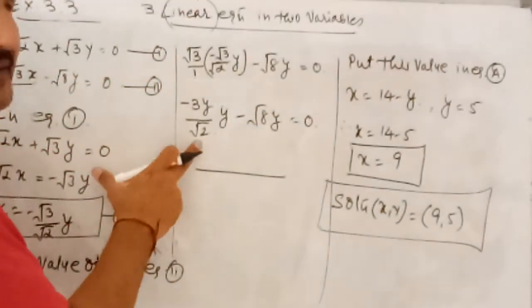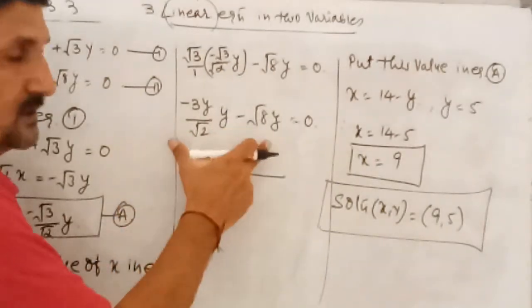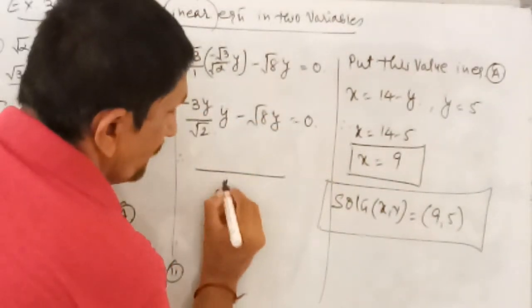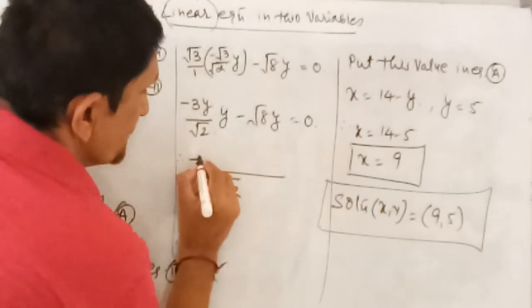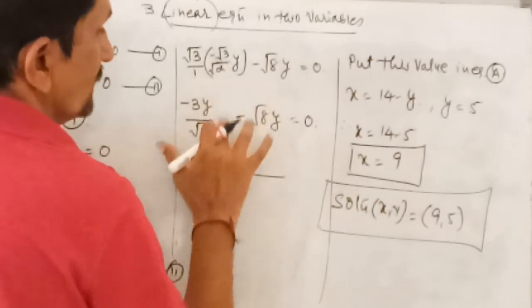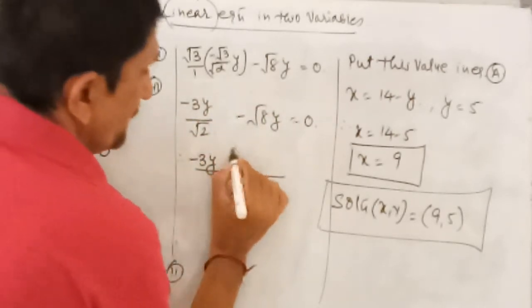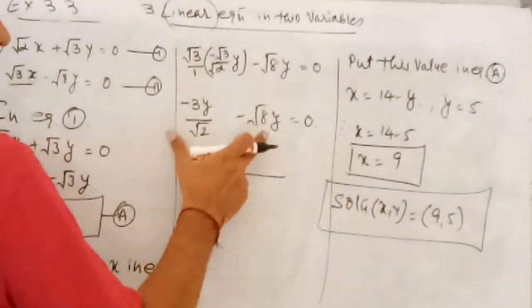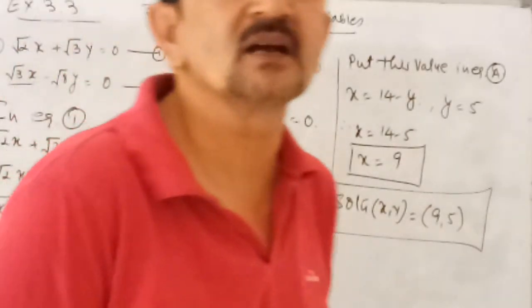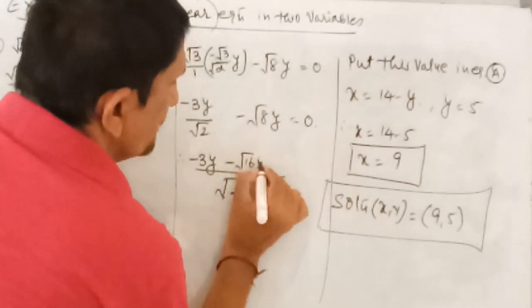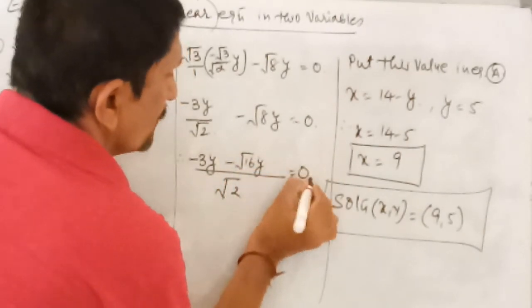Now still we are having a denominator in the first term. Here no denominator, so take LCM. This is minus 3y minus root 2 multiplied over here, root 8 into root 2. So 8 2s are 16, so this becomes root 16y is equal to 0.